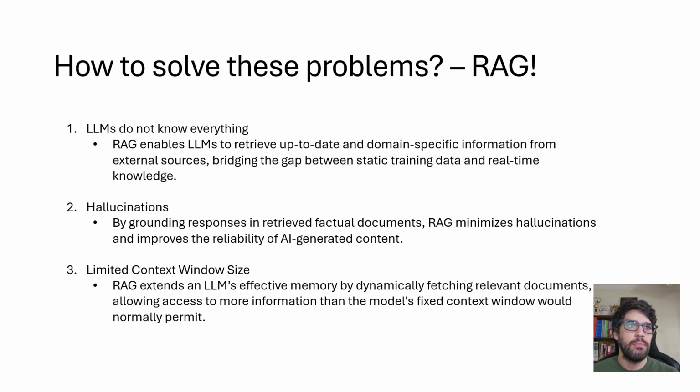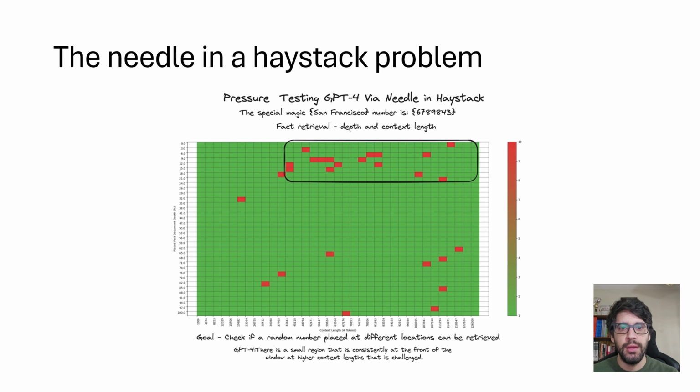Okay, and as we saw before in the heat map with the needle in a haystack problem, if the context that you're passing to the model is too large, it will have more problems with fact retrieval. Therefore, when you use RAGs, you are also limiting that problem because you're setting the context size to a certain length.